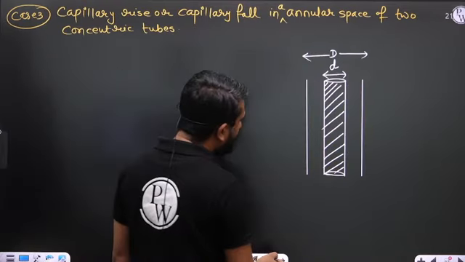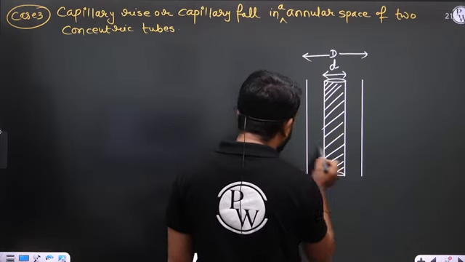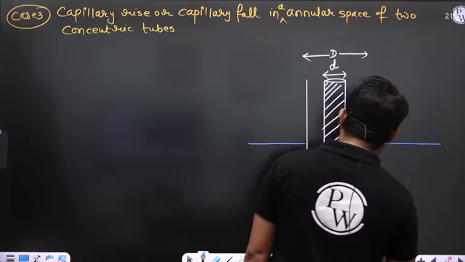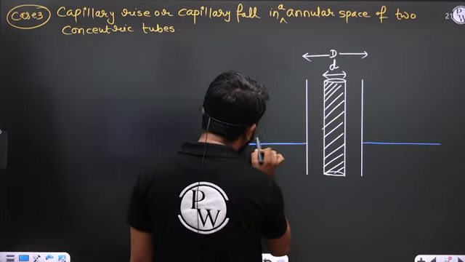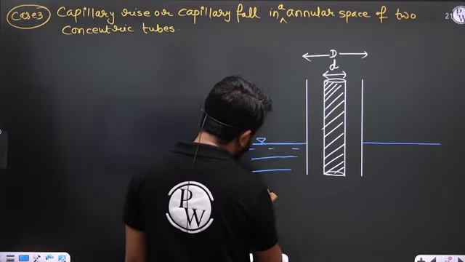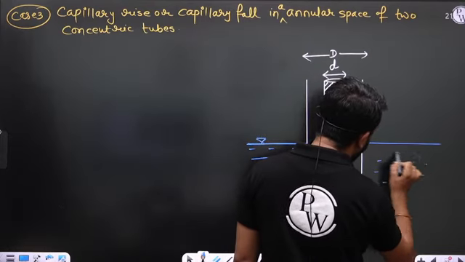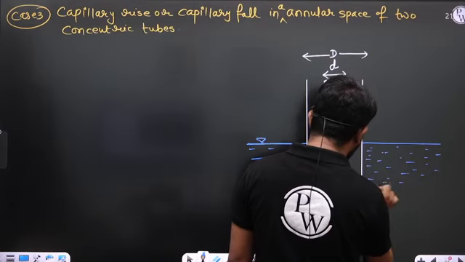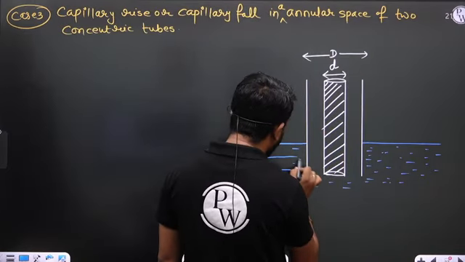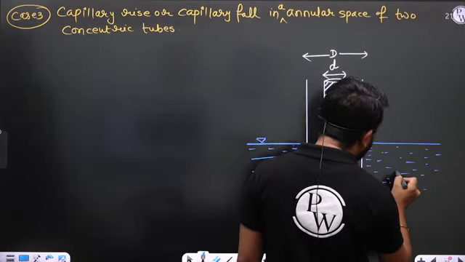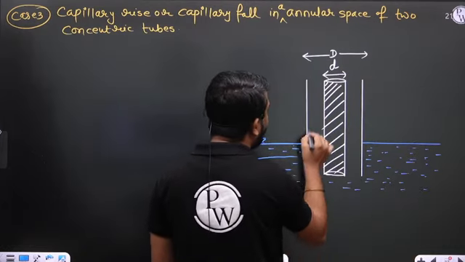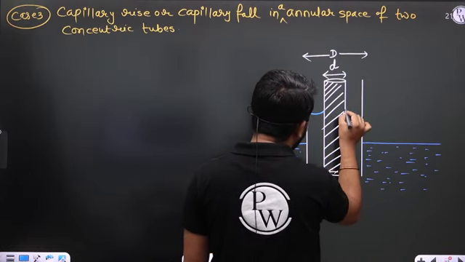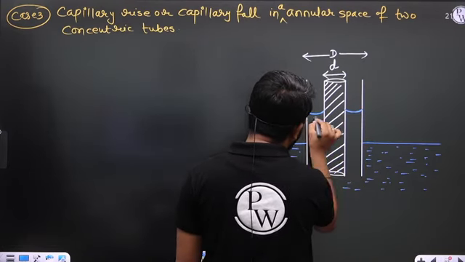If this concentric tube is dipped in water, let us consider this is the free surface of water. Obviously if water is there, you observe the capillary rise.